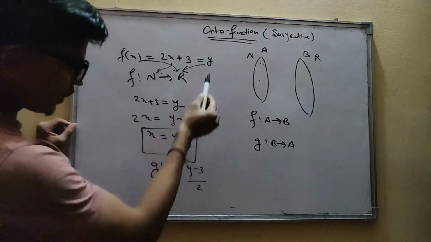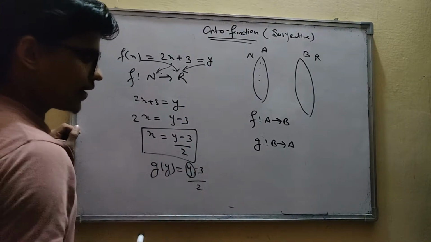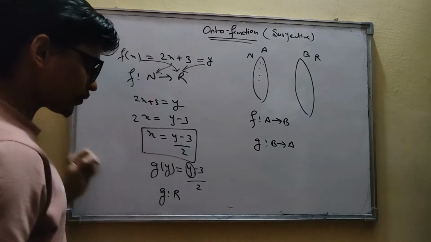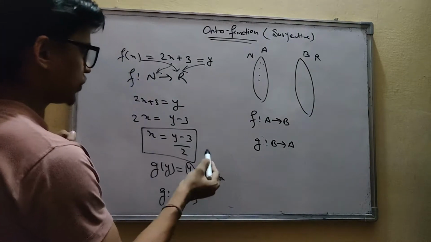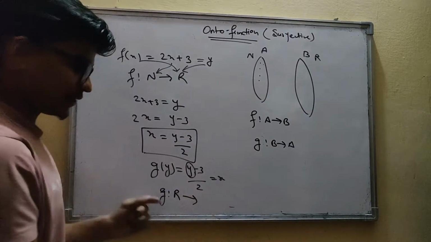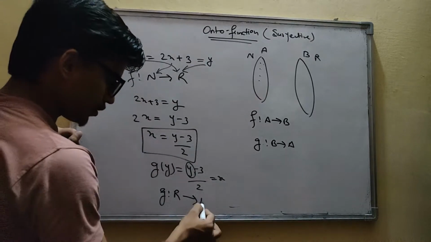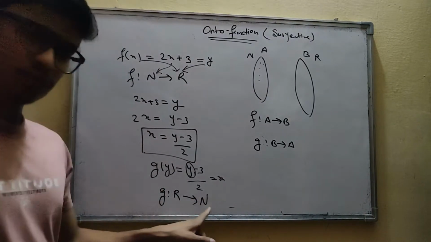Now this y is here, meaning for this particular function y is domain. So for g, y is going to be domain, and this is actually equal to x, which is going to be range. For this particular function x is range, but x belongs to N, so that is why g should be from R to N.